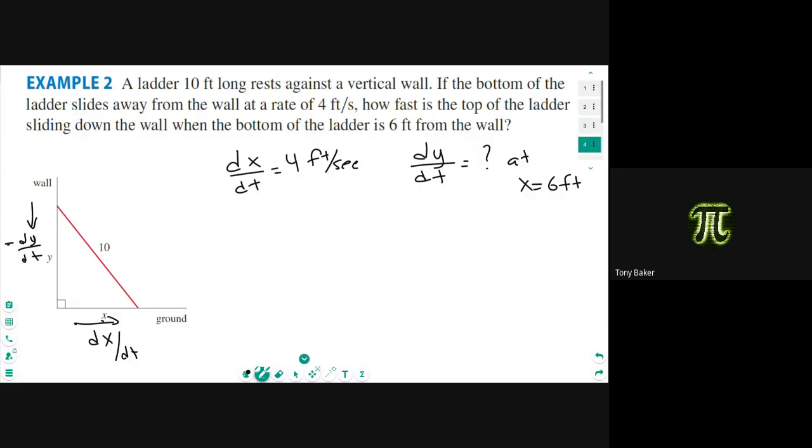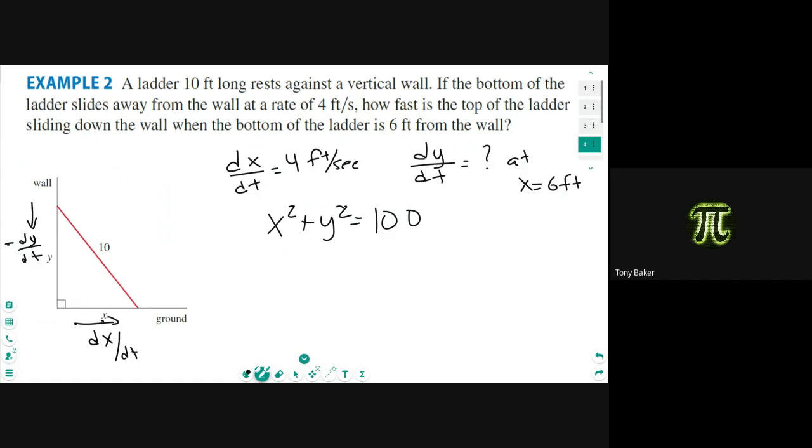So I have x squared plus y squared equals 10 squared, or 100. I'm going to change it to 100 just because I don't feel like rewriting it. All right. We've got our formula that relates them.